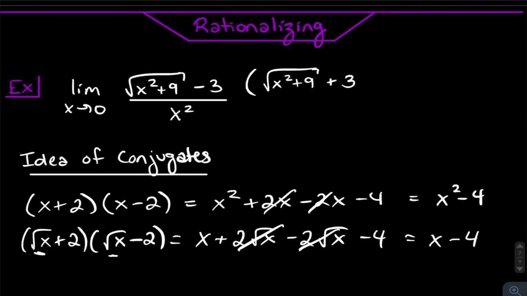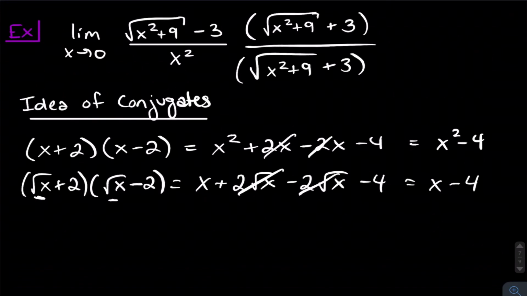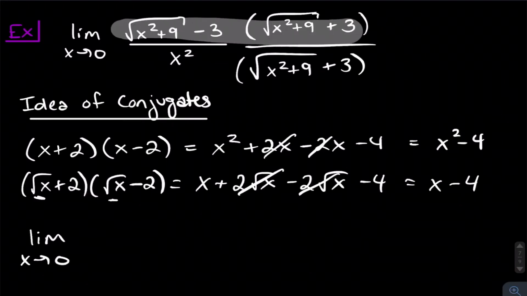Okay, so continuing on with what I said, and hopefully not breaking off into another rant, we're going to have that, and now we're just going to continue on. We're going to do this out. When we multiply, remember the middle terms go away.